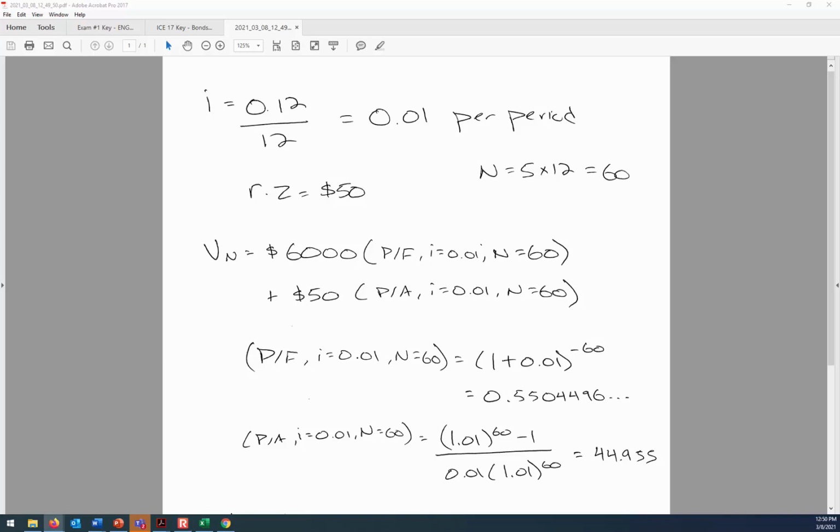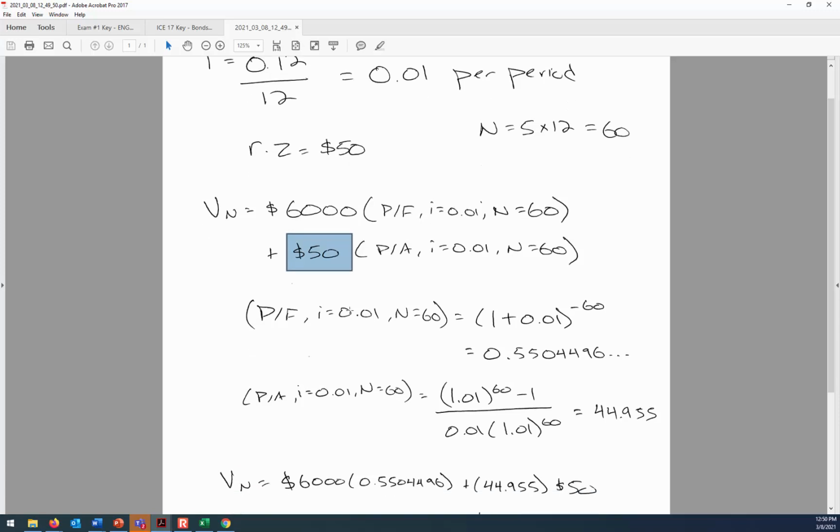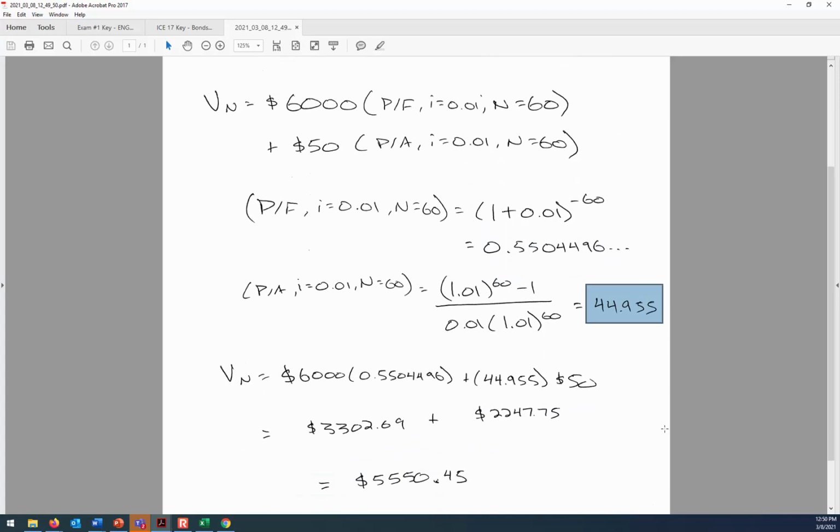And the value now is going to be the present value of that lump sum $6,000 payment in the future, and then the present value of the recurring $50 per month. And so you find the factors for each of those. Here's the P/F factor. Here's the P/A factor. And the value of the bond should be $5,550.45.